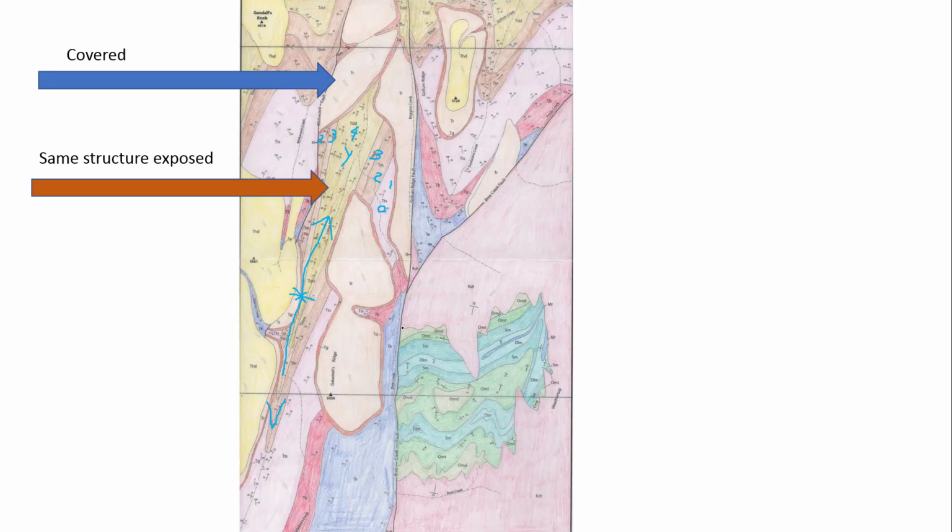So you can imagine that along this you can have the intrusive contact between the older sedimentary rocks that are now metamorphosed and the big KDT outcrop, which is the batholith.